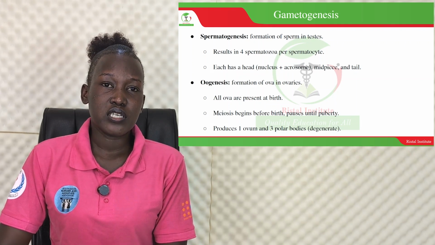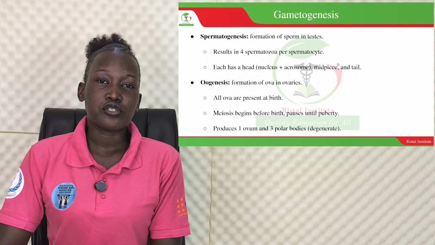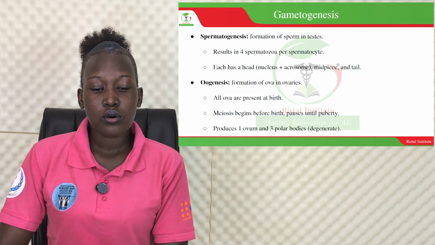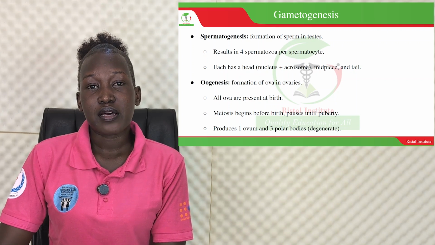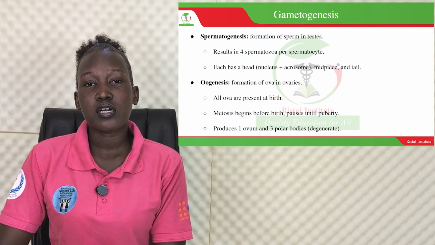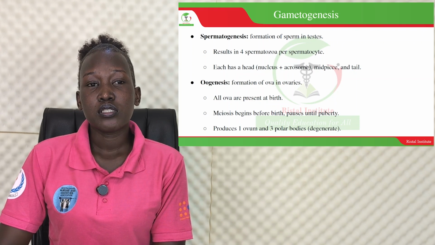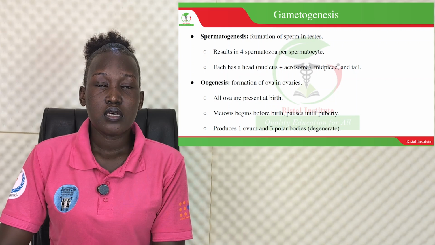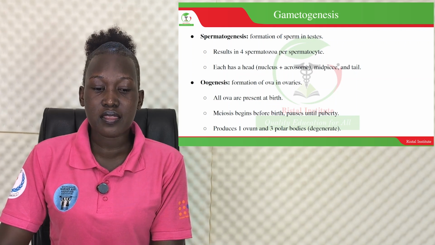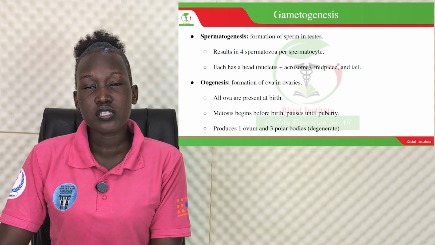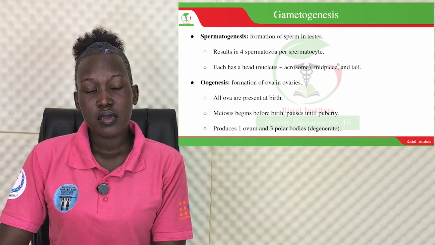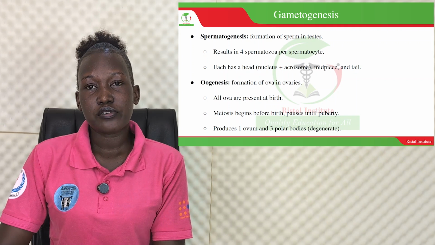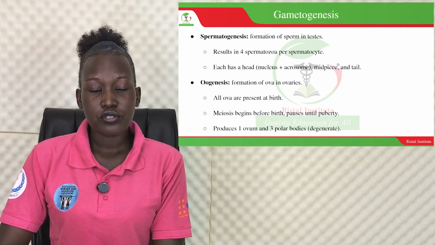Then we look at oogenesis, which is the formation of ova in the ovaries. The whole set of eggs is present at birth. Every female child who is born is produced with all the eggs in the ovaries. Meiosis begins before birth, pauses until puberty, and then when the child reaches puberty, it continues.